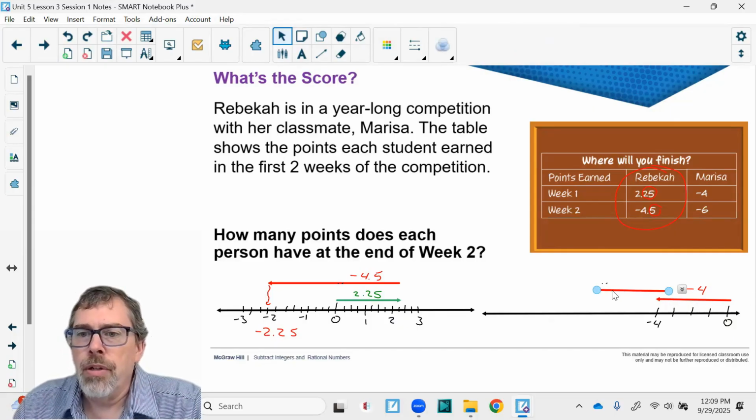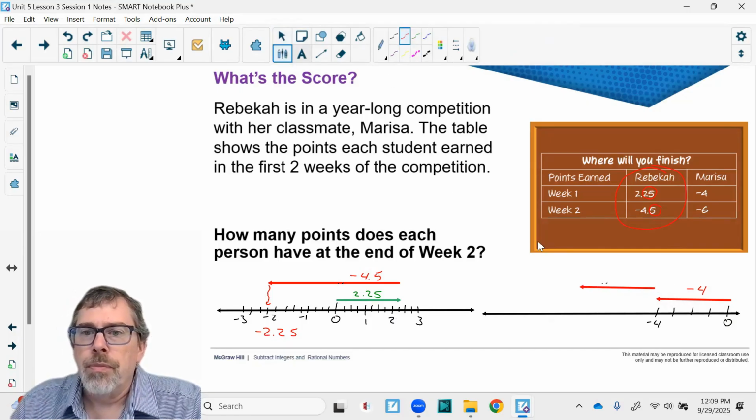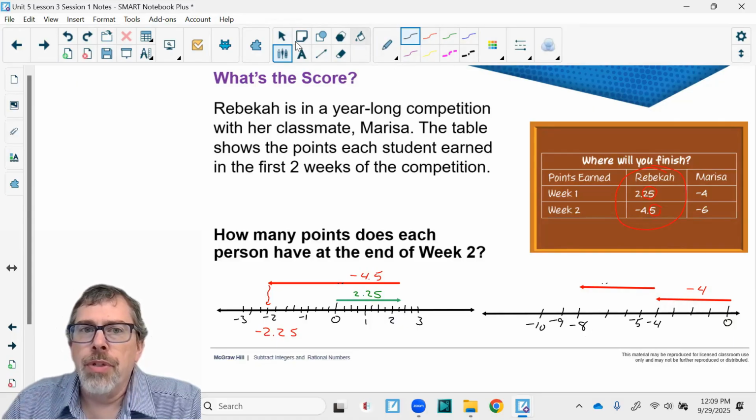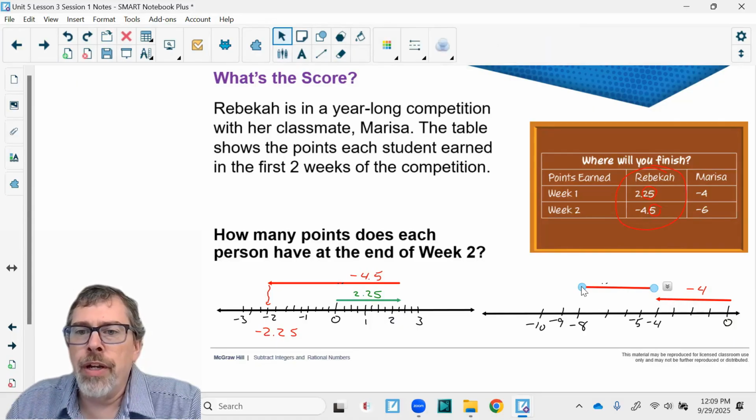Second week, we're starting at -4. So this is -5, -6, -7, -8, -9, -10. The reason I went beyond -8 is because this says it's -6.